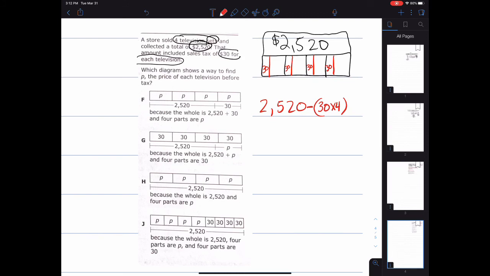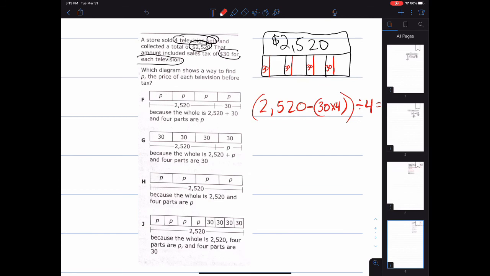That's going to give me a total. After I do that, I need to make sure that I divide by 4 to figure out how much each TV costs. But honestly, on this one, I didn't really need the equation, but it's good to always do your strip diagram and your equation so that when you're ready to answer it, it makes it a little bit easier.